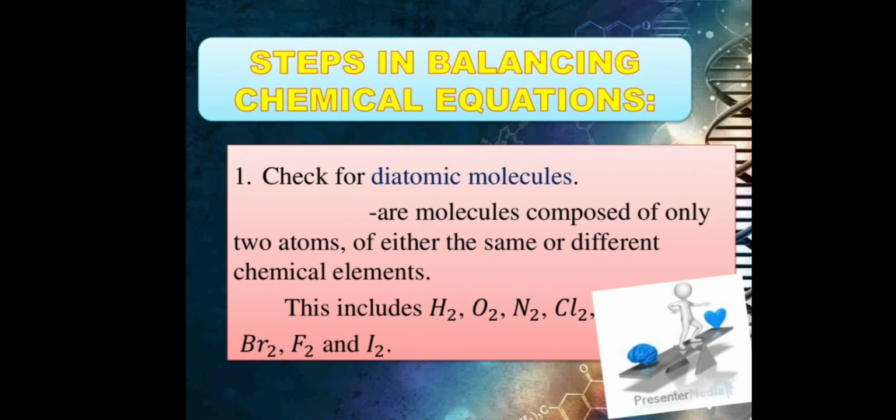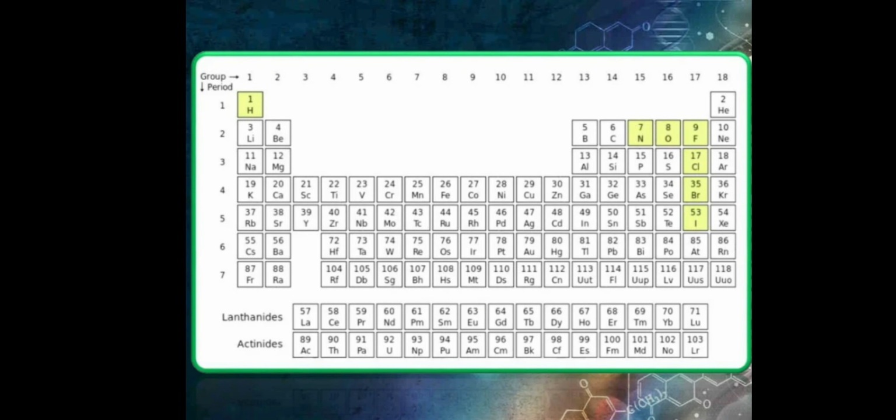You have to find first what the diatomic molecules in your equation are. As you can see, this illustration is composed of some diatomic molecules. The highlighted elements are part of diatomic molecules.